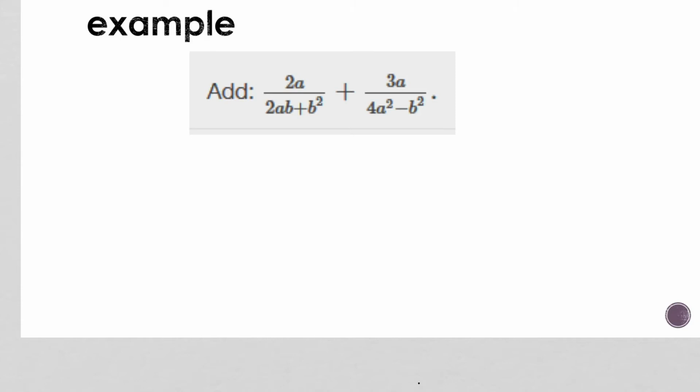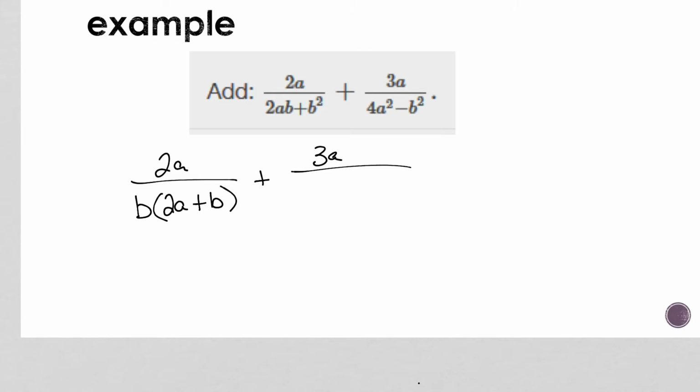So in the denominator down here, I'm just rewriting the numerator, I'm going to factor out a b. So then I have 2a plus b right there, plus 3a. And then in this one, that's a difference of squares.